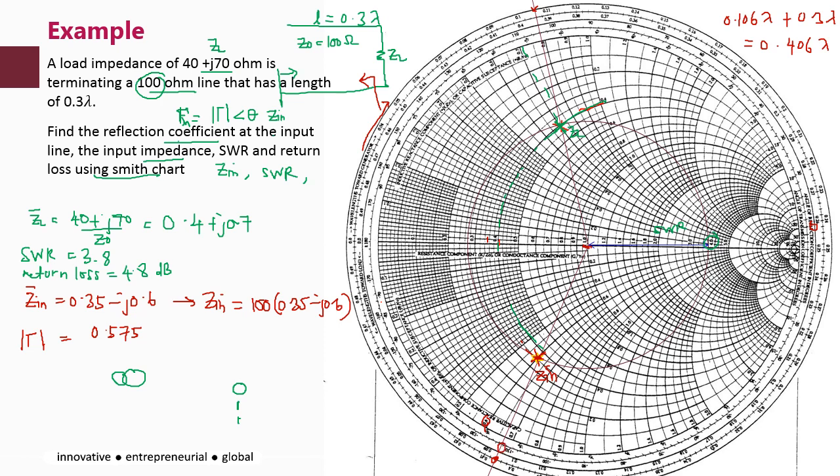So negative 113 maybe. So this is the reflection coefficient, the magnitude is 0.575.